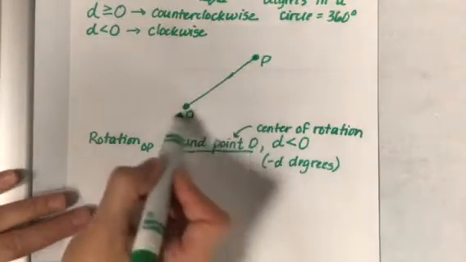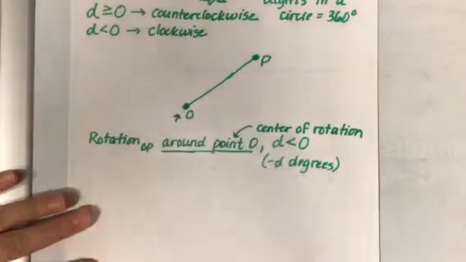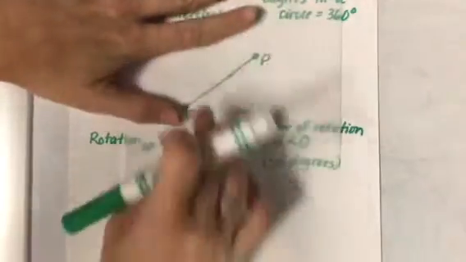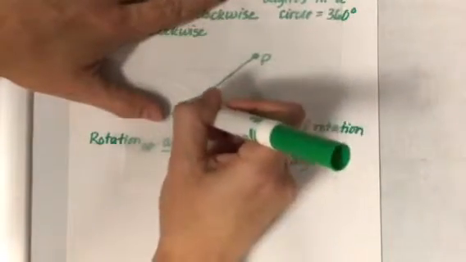And in this case, our center of rotation is right here. Okay? So once you have that written, take your patty paper, lay it over the picture, and copy everything, including the labels.